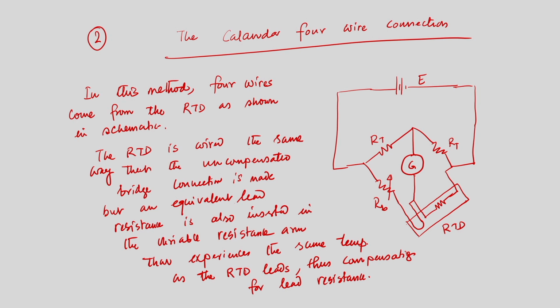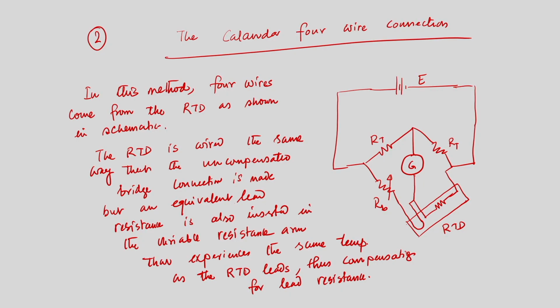So in this method we have a 4 wire connection. The RTD wiring connection is such that the uncompensated bridge connection is made, but an equivalent lead resistance is also inserted in the variable resistance arm, and the equivalent resistance will experience the same temperature as the RTD leads.